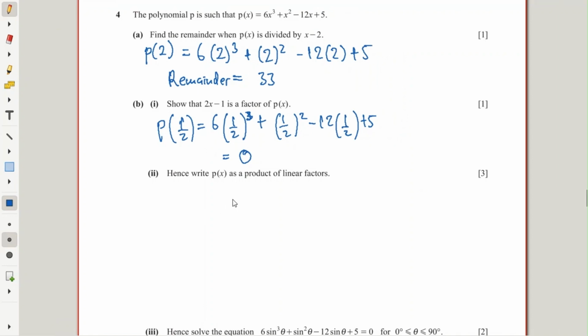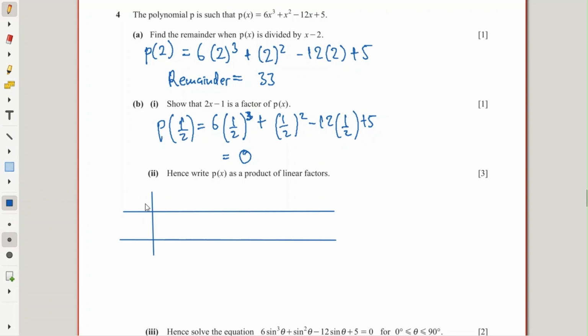Okay, I've changed my mind. I'm going to show you the synthetic method first. That one is very fast and easy. You just bring the value of x from one of your factors.